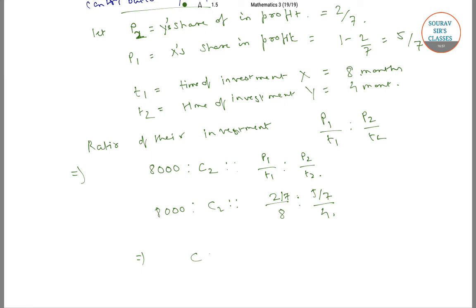This implies 8,000 by C2 is equal to 5 by 8 divided by 2 by 4.